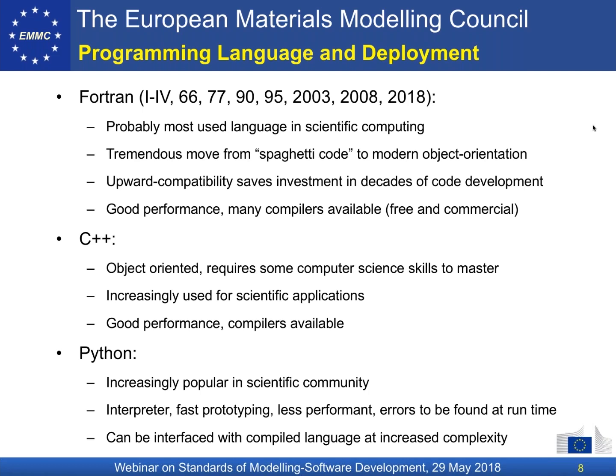This, of course, increased the amount of code created, and it didn't really improve the situation. Both languages, Fortran and C++, have good performance, and there are many compilers available for both, free and commercial, and also many libraries.